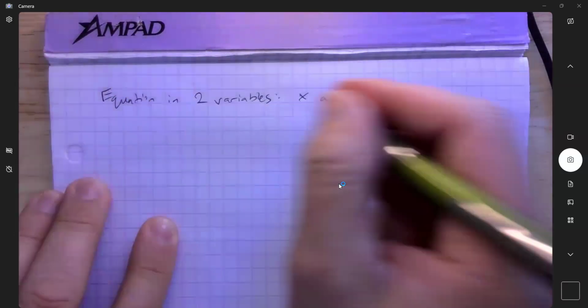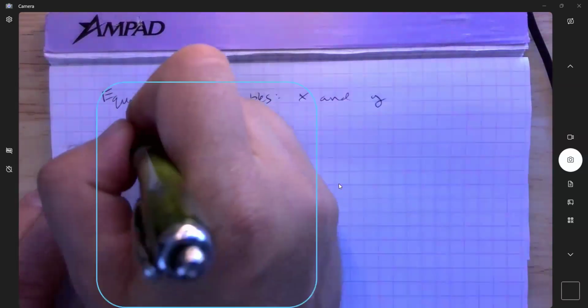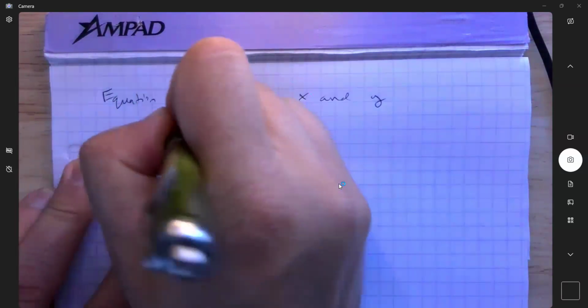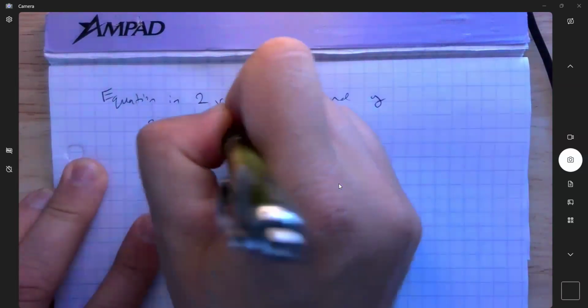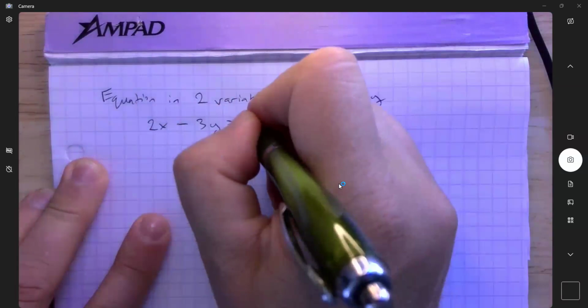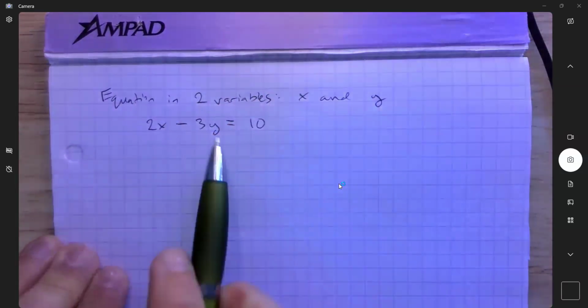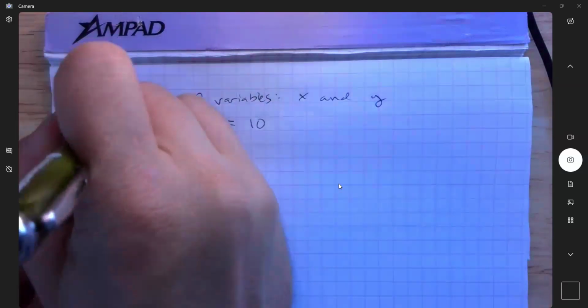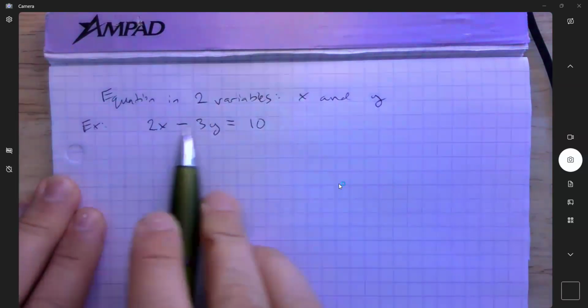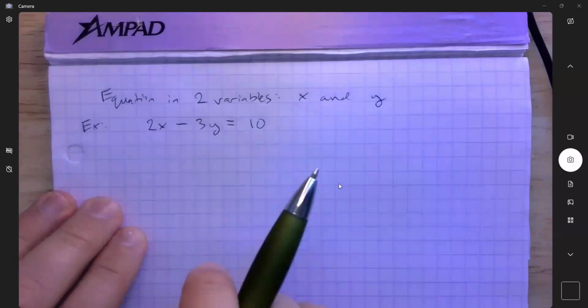An equation in two variables just has both the x's and the y's, and it needs to have an equal sign, something like that. So this is an equation in two variables. Instead of having one unknown, we have two unknowns.